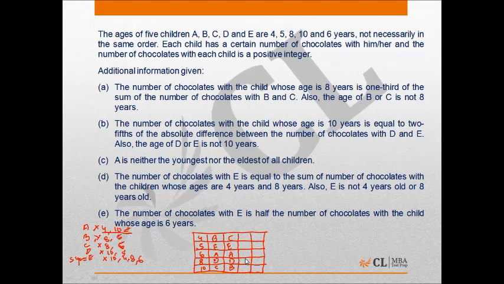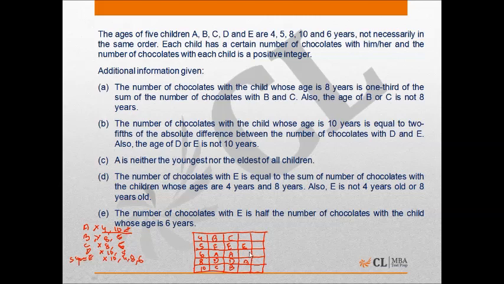So when the age of A is 8 years, then explore the possibilities for the ages of other children. It is already known to us that E is 5 years old.